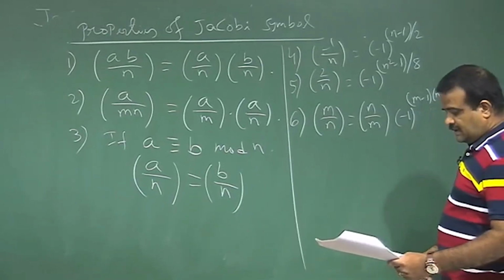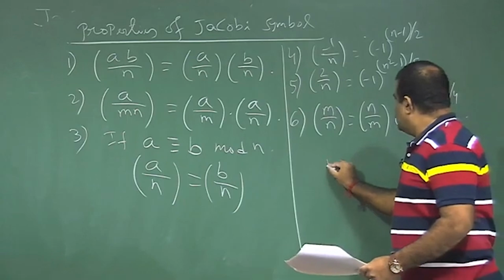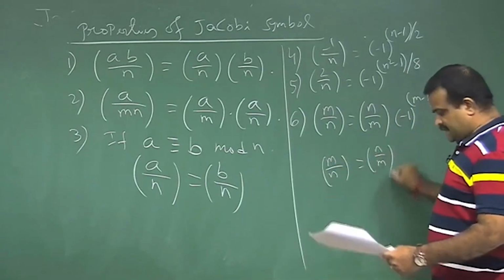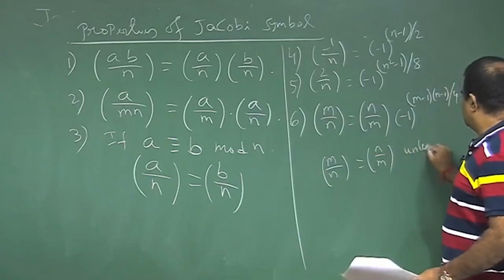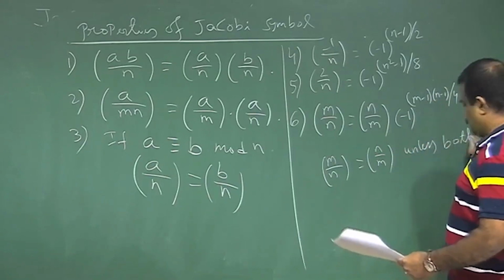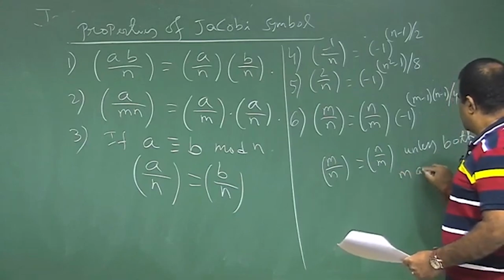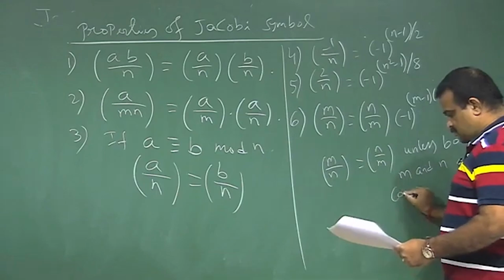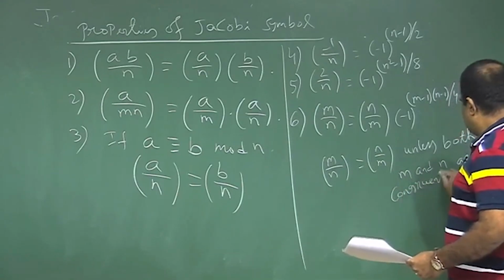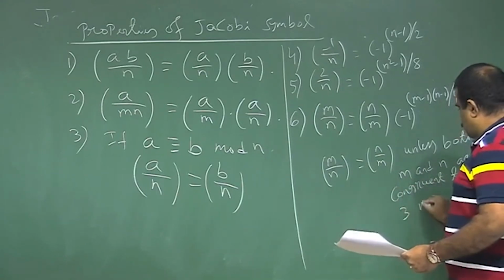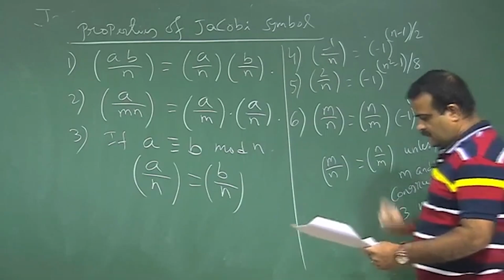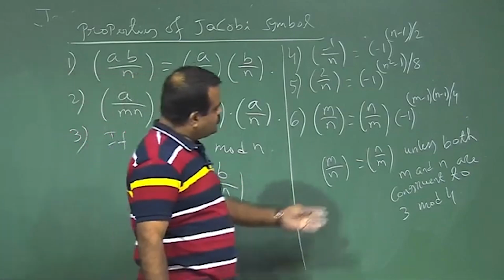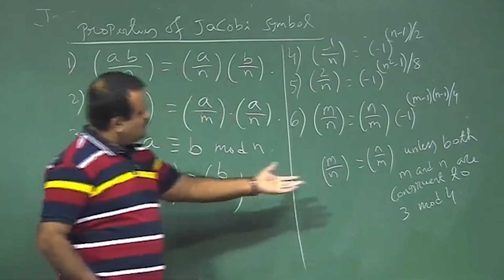Mostly m by n is equal to n by m, unless both m and n are congruent to 3 mod 4. Unless this, we have this result. So, they are reciprocal.